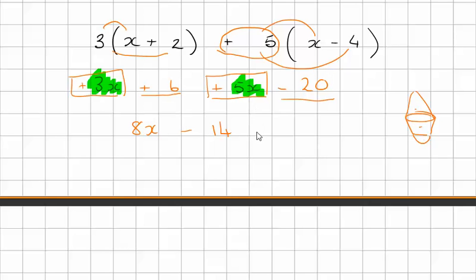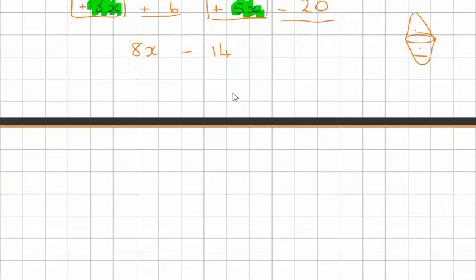Now I'm going to give you the next one, which is where everyone makes the mistakes, so be aware. If we have something like 4x plus 2 minus 3 times 4 minus 2x.